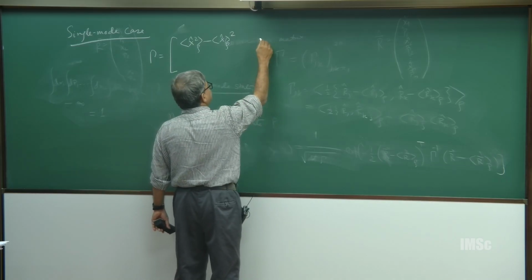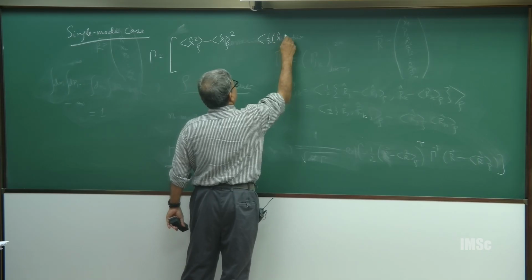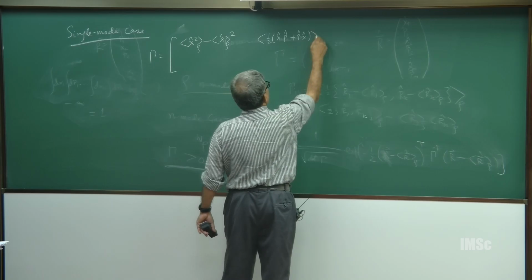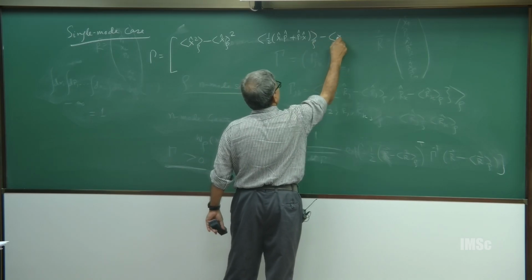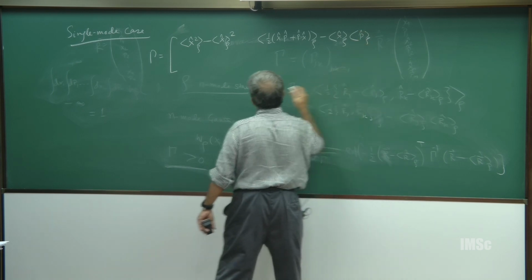Then half xp plus px rho minus x rho p rho.